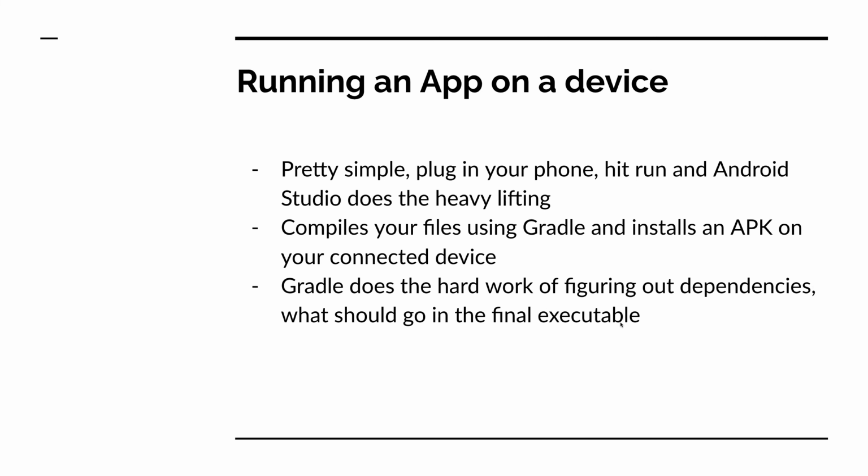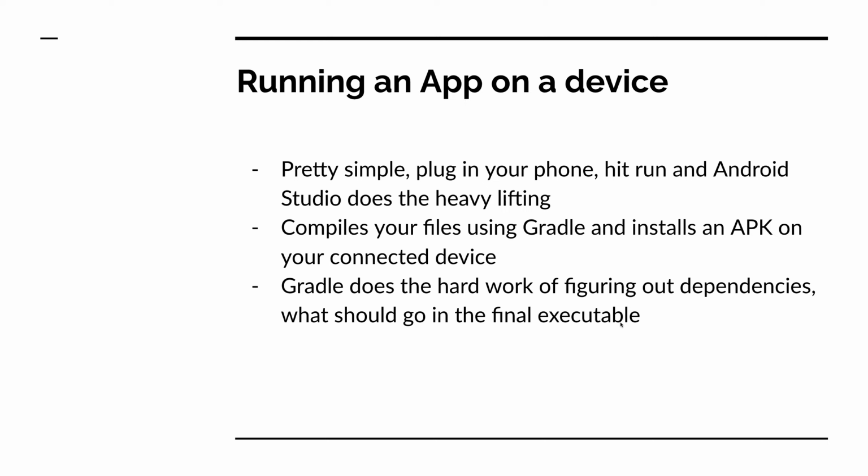Another common question that I always have is how do I get something actually running on a device? And it's definitely pretty cool when you see even just a little sample app running on your phone. It actually ends up being pretty simple. There's more documentation in the Android portal, but the gist of it boils down to you plug in your phone. There's a couple of settings that you tweak to enable your phone for being a developer device. You hit run, and then Android Studio pretty much does the heavy lifting and gets the app installed on your device.